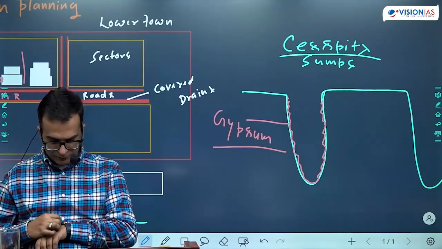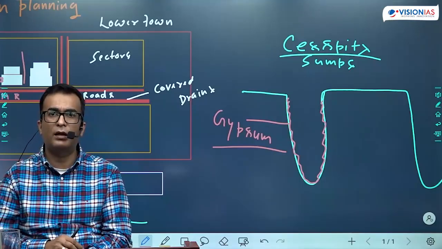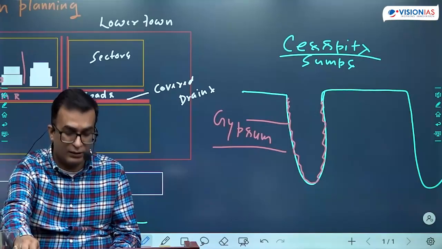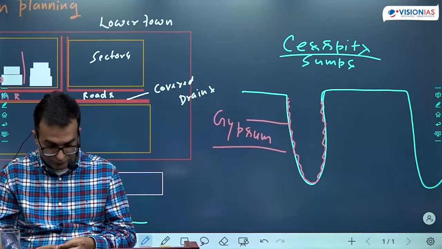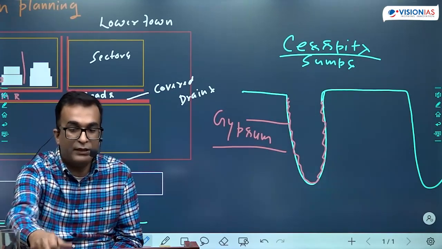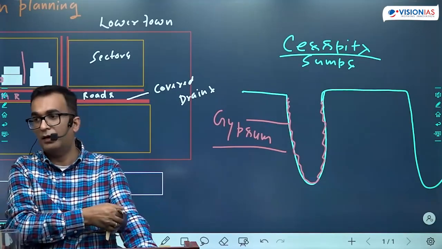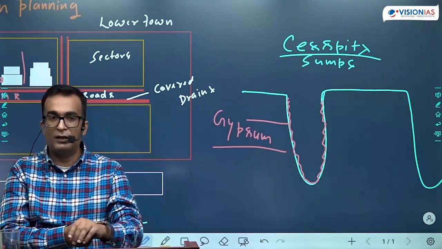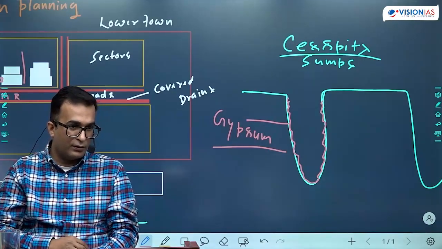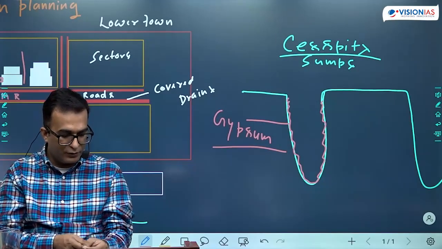Moreover, these sumps were coated with gypsum, which filtered waste water and discharged filtered water into ground.